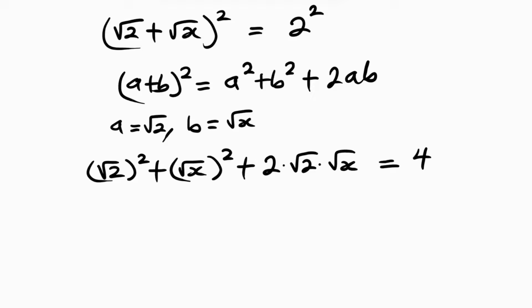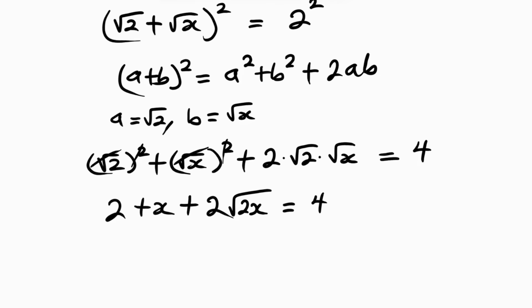Right, so now we can see that this 2 can cancel the square root, and this 2 can also cancel the square root. So now we have 2 plus x plus 2 root 2 times root x, which will give us the square root of 2x, equals 4.